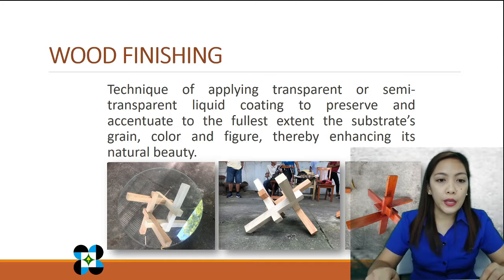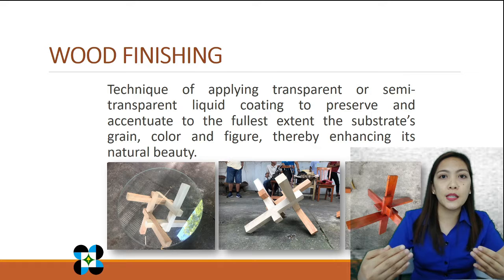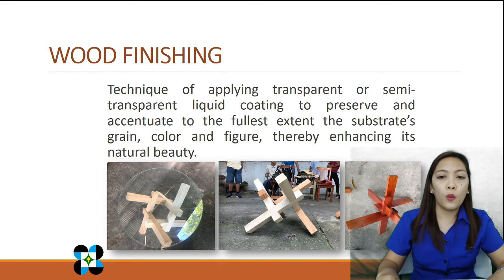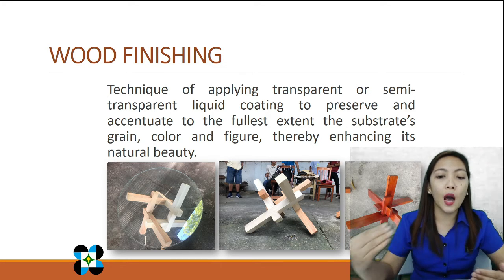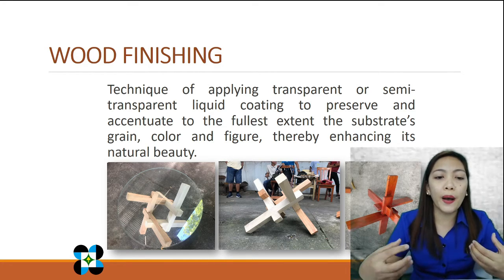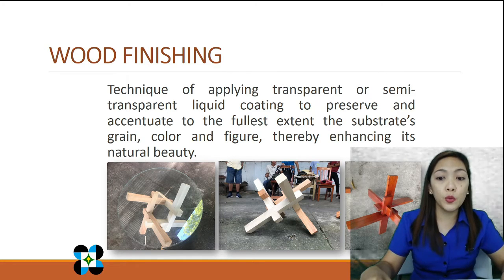And almost always, the finish we use is in liquid form, unlike for instance a metal where we use, like, powder coat. In wood finishing, it's also important to emphasize that our goal is to accentuate, no, or ipakita natin yung natural na beauty ng ating material, which is wood or bamboo.